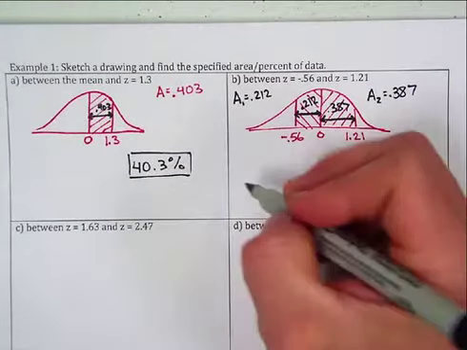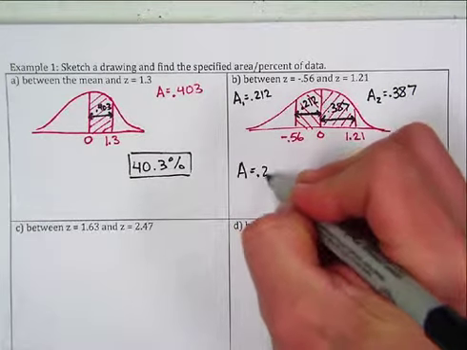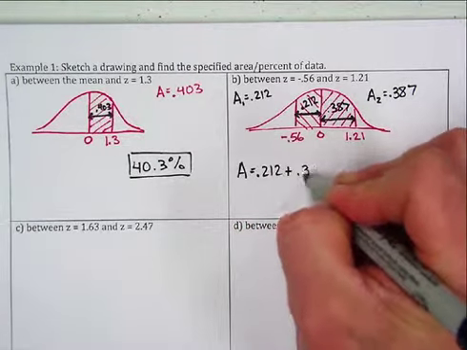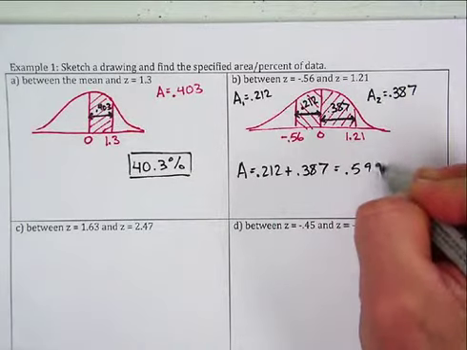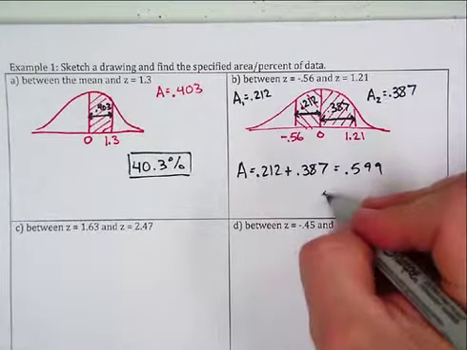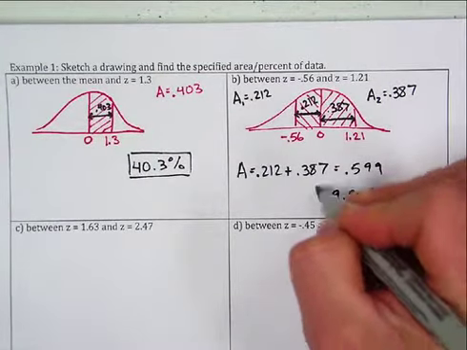So the overall area is going to be 0.212 plus 0.387, which is 0.599, and then we just change it to a percent. 59.9%.